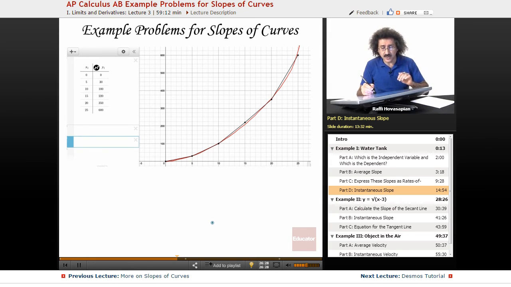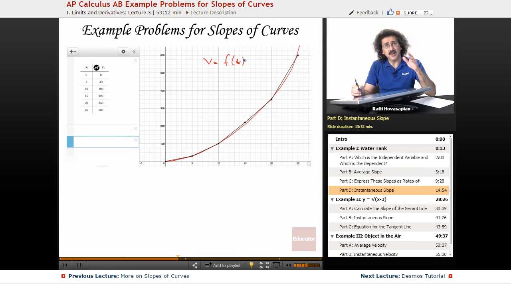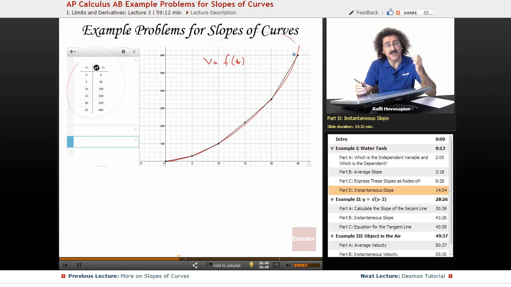Now, again, let me return to what I mentioned early on. You're going to be given a function. In this particular case, volume is a function of time. You're going to be given a function in 3 different ways. You could be given a table, which you can graph. You could be given the graph, just given the graph as it is. That's another way that you're going to be given a particular function.